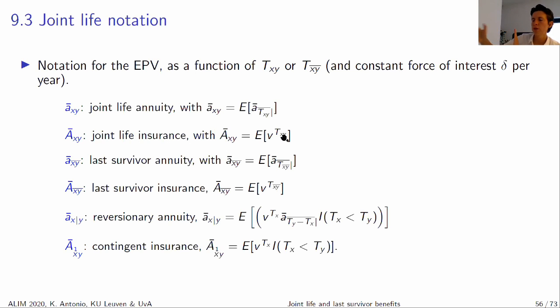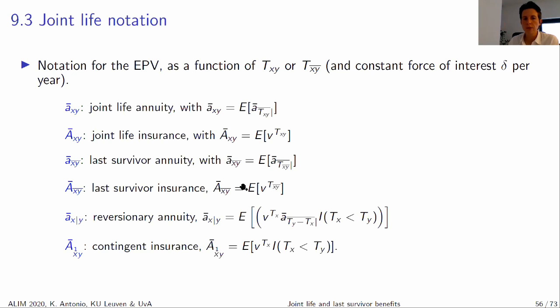If I need to pay my €1 at the moment T_XY from now, then I need to discount this random variable from T_XY to 0. So I do that with a discount factor v to the power T_XY. And of course, I need to calculate the expected value of this thing because I've got this random variable T_XY that is applicable here.